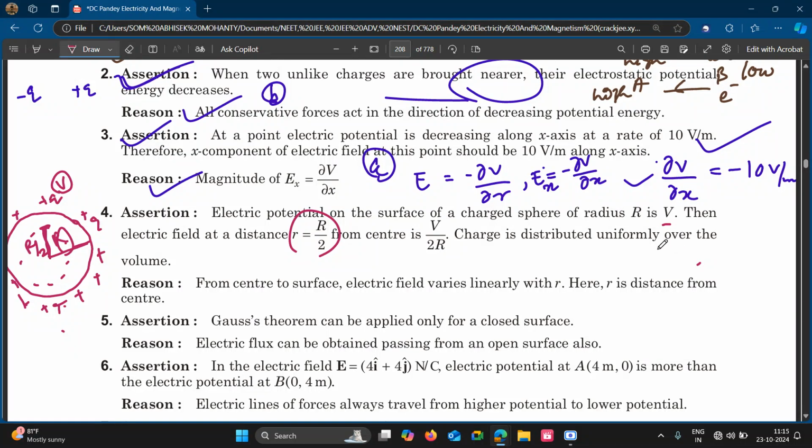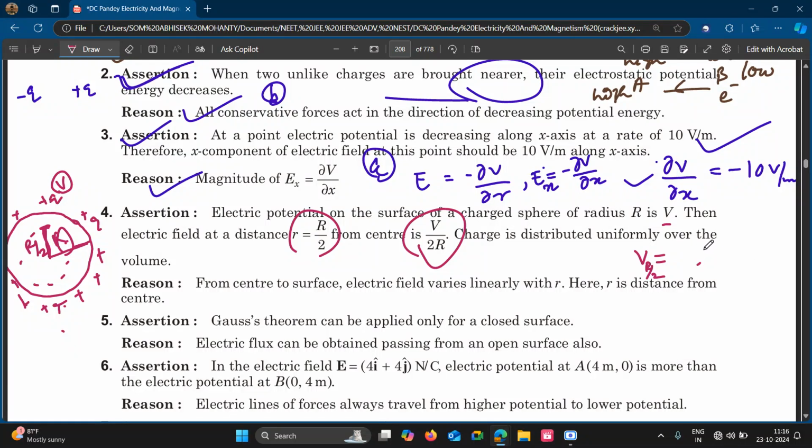Potential V is equal to, suppose V up to distance R by 2, we will calculate it. What I did was a mistake. I have to agree, I did a mistake. I don't have to put it; I have to calculate it as V by 2. If it is correct, then the assertion is correct. My bad. Potential in the charged sphere of radius R is V.